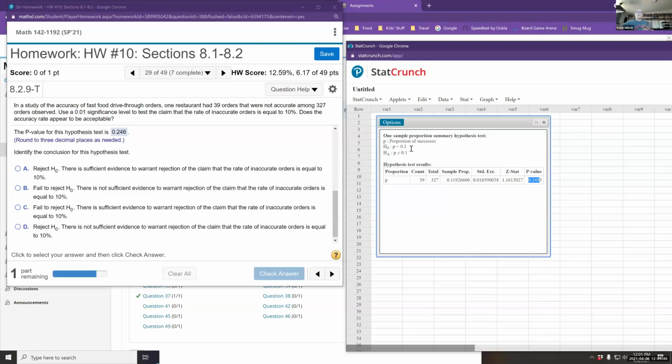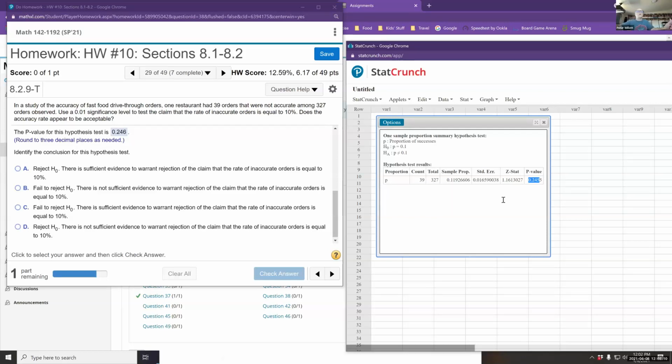If that were the case, what is the chance that our sample would come out the way it did? Well, it's almost a 25% likelihood that you would get a sample the way we did if the order inaccuracy was at 10%. And that's very possible. 25% is not a low probability. That is not a rare event. That's going to happen like 1 out of 4 times.